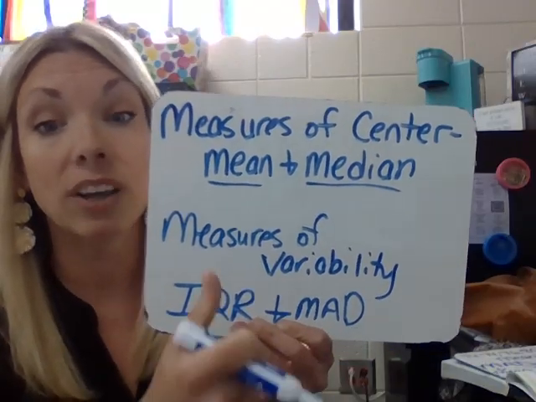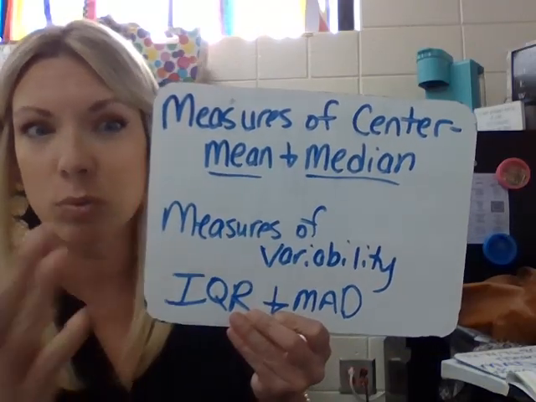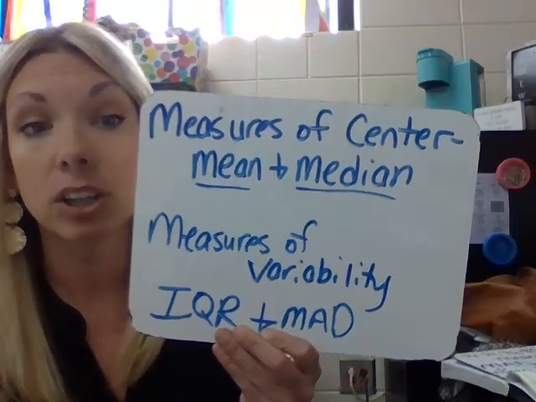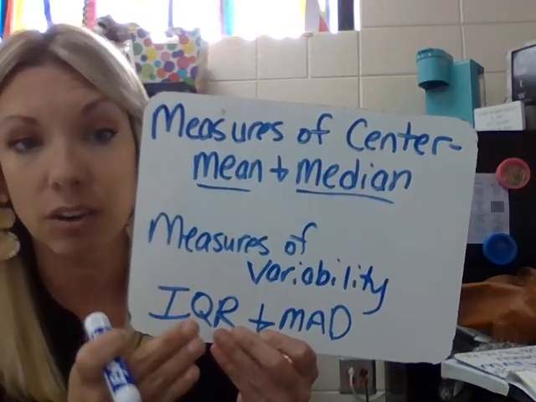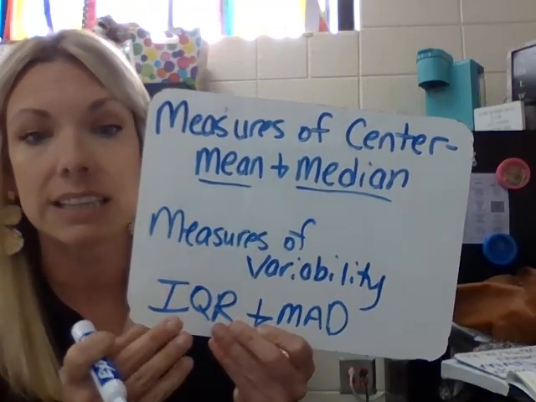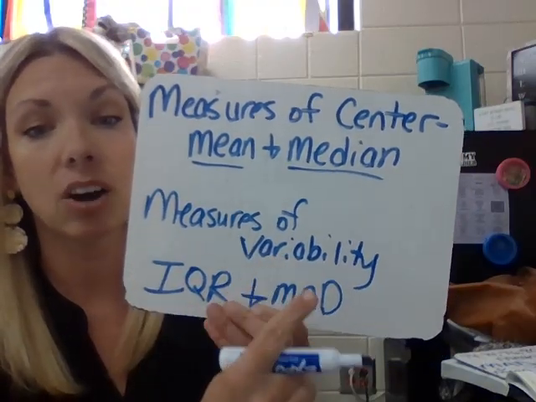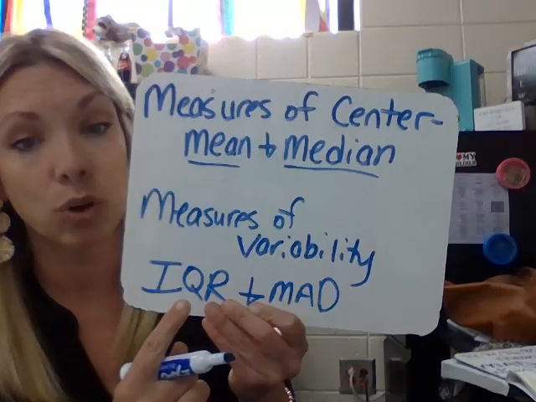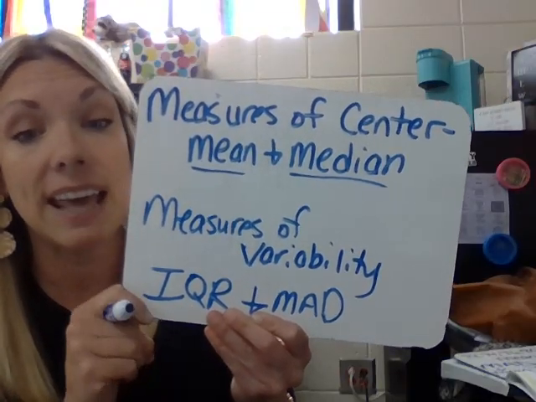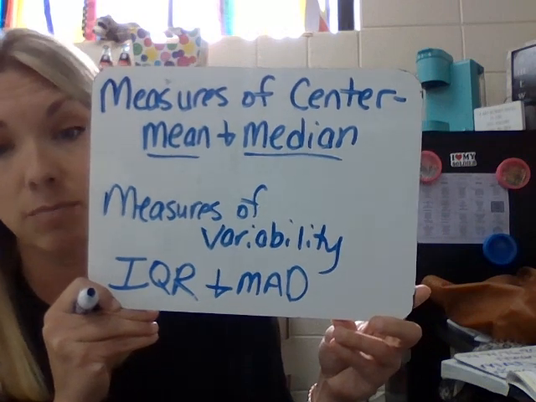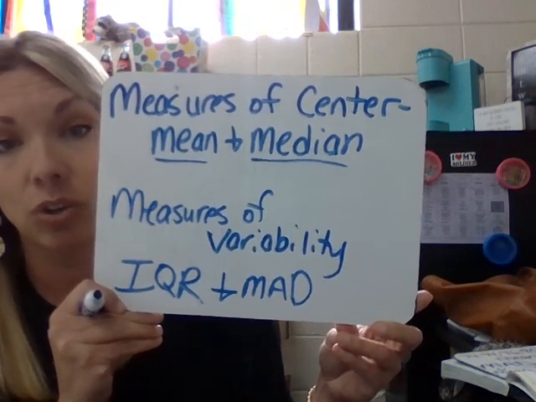Remember, greater variability, that means they're really, really spread out, is going to have a lower consistency. Consistency means the numbers are all together or close together, consistent. Your measures of variability are IQR, interquartile range, that's your Q3 minus your Q1, and then MAD, which we just learned, mean absolute deviation. You'll need to know these for that milestone.